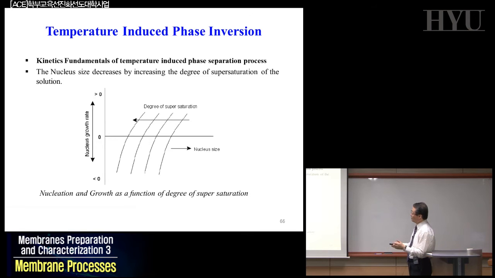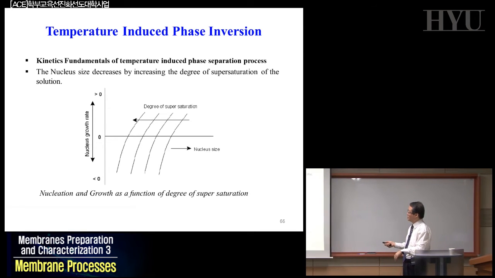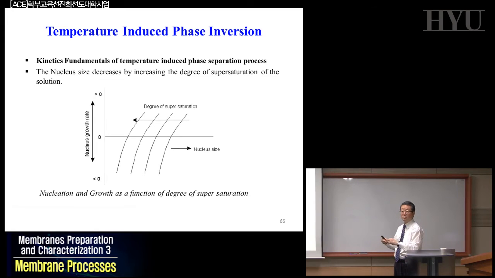Nuclear size is opposite to your degree of supersaturation, meaning that if you lower your concentration, then your nuclear size might be smaller, whereas nuclear size might be larger when you have the polymer concentration which is high, which is lower in this case.